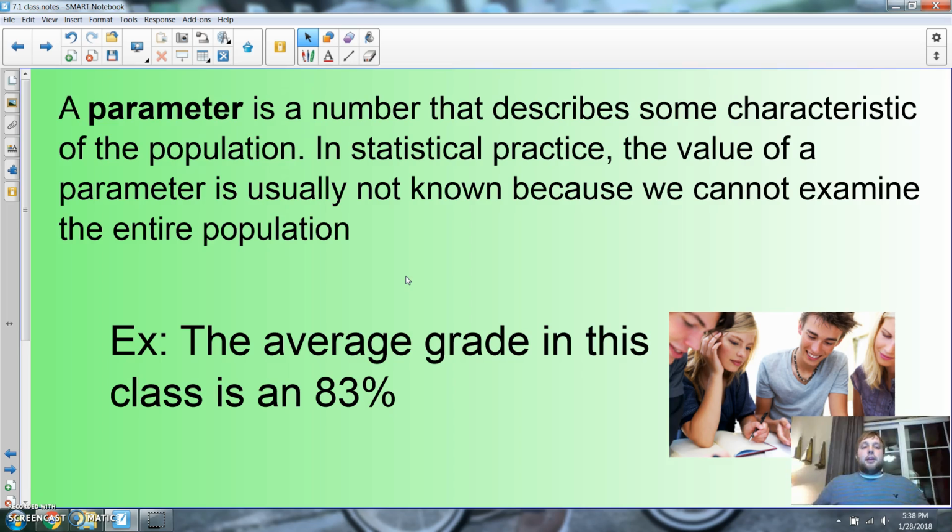The average unexcused absences for Craig High School is, I don't know, like 30 or something like that. That would be everybody at Craig, right? So the parameter is everybody.